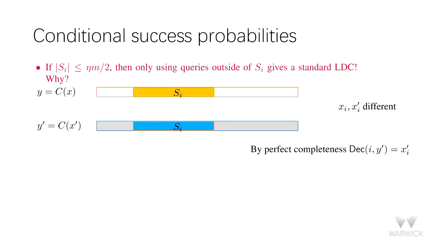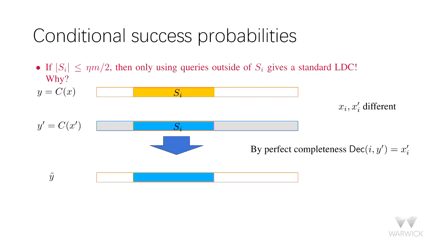So by perfect completeness, the decoding of the decoder on i and y prime should output x_i prime. Then in the analysis, we can construct a hybrid string y tilde, such that the blue part is similar to the corresponding part of y prime, and the white part corresponds to the corresponding part in y. So this can be viewed as a crafted version of y.